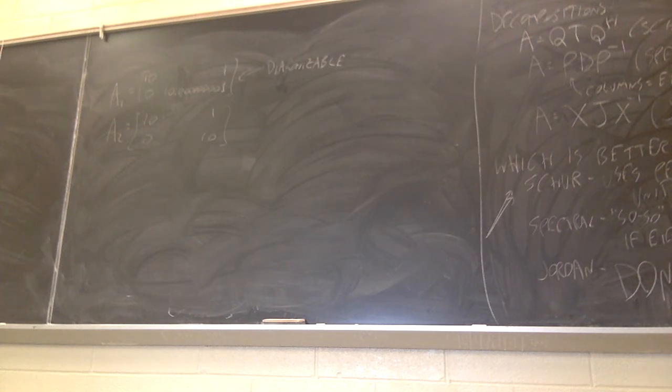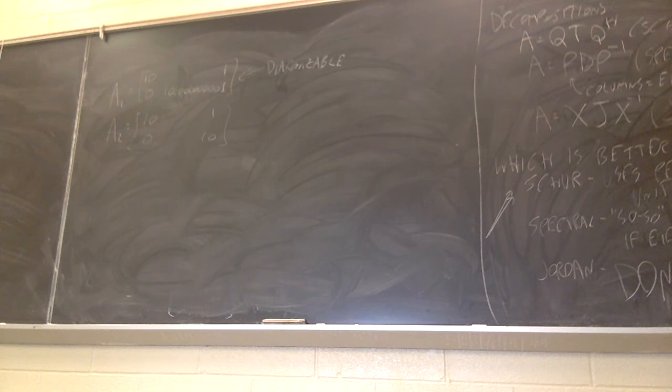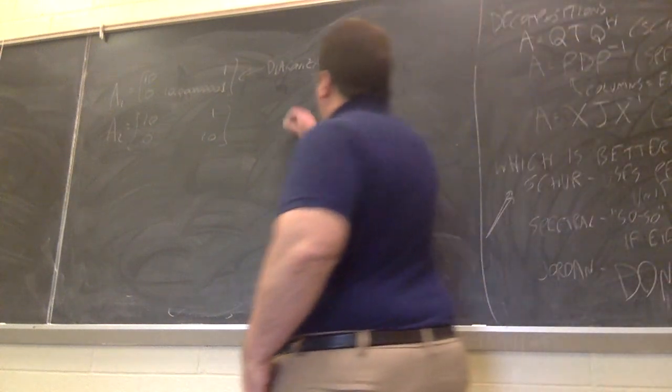So what kind of matrix do we know is diagonalizable, if the eigenvalues are what? Distinct. Yeah, so here we have two eigenvalues, 10 and 10.0001.